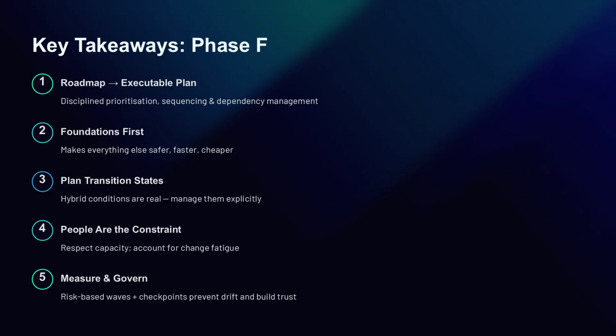You learned that phase F migration planning turns the phase E roadmap into an executable enterprise delivery plan by applying disciplined prioritization, sequencing, and dependency management. You learned that migration planning fails when it relies on optimism and ignores hidden constraints, and that your leadership role is to bring reality into the plan.